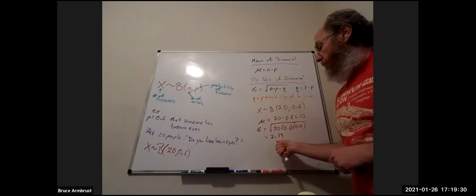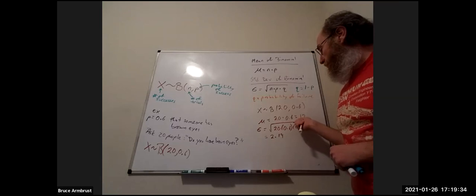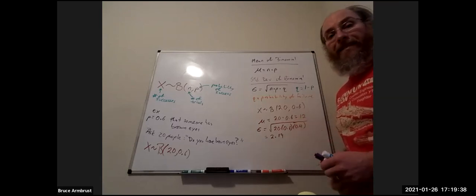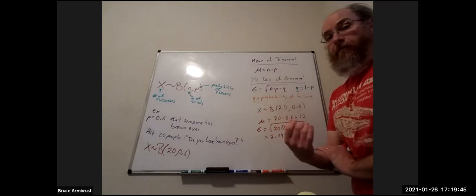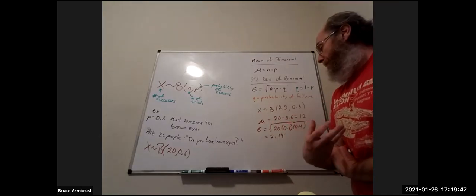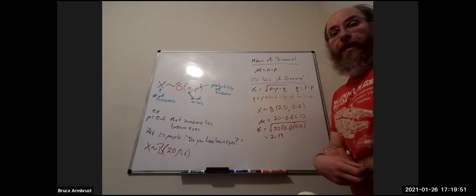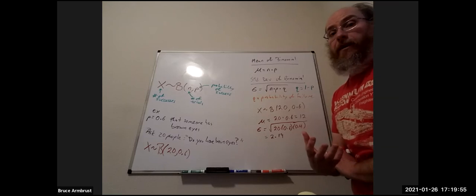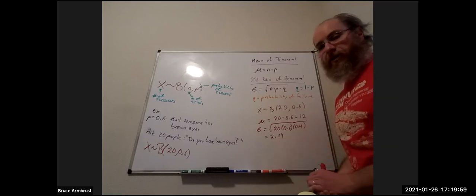But even with Chebyshev's, we know that if we were to go 4 on either side of the mean, so between 8 and 16, we should expect at least 75% of the responses. 75% of the time, we should get between 8 and 16 people saying, yes, we have brown eyes. So that should happen 75% of the time. So that's what sigma, standard deviation, is telling.